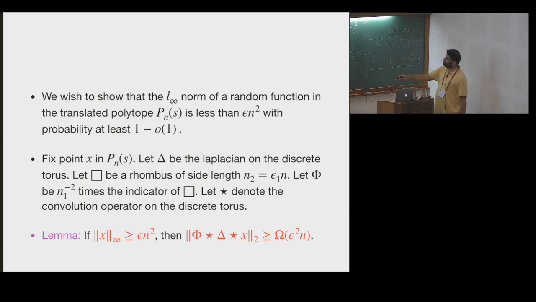So what we have as a lemma is that if you start with a function that deviates from being this quadratic, recall that in this picture now it's not a quadratic we're talking about, it's a plane thing we're talking about. So everything here has been translated to this picture by subtracting this quadratic picture, and we are talking about functions of this form which we want to show are very close to being flat. So if the L infinity norm is more than epsilon n squared, then the lemma says that this operation gives you something with a large L2 norm.